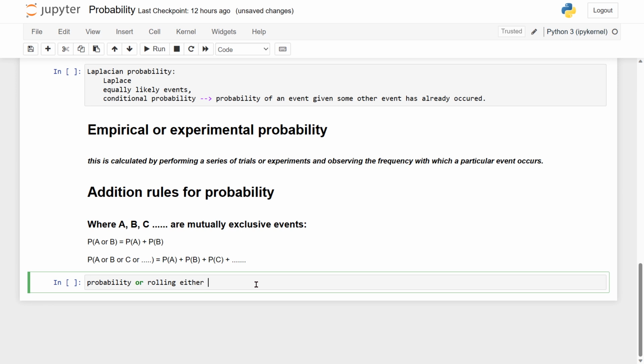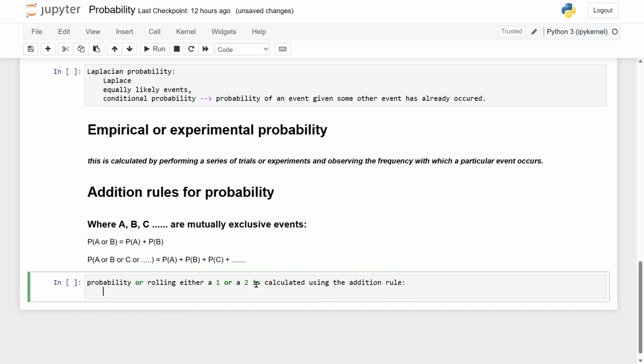The probability of rolling either a 1 or a 2 is calculated using the addition rule. So, probability of rolling a 1 or a 2 is equal to probability of rolling a 1 plus probability of rolling a 2.